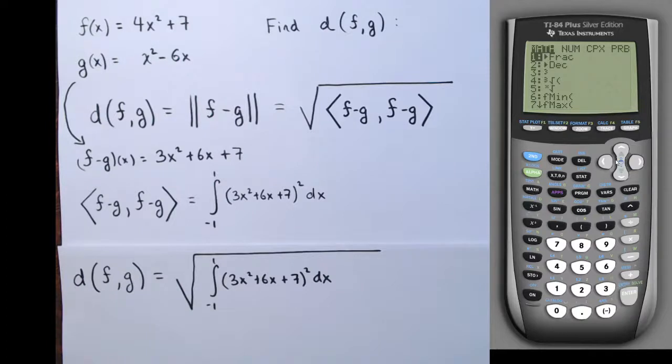Math, and then down to number 9, going from -1 to 1 of the quantity 3x squared plus 6x plus 7, that quantity squared, and then dx, with respect to x. All right, so it's approximately 12.4.